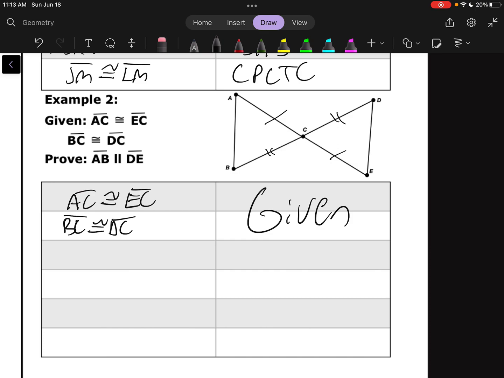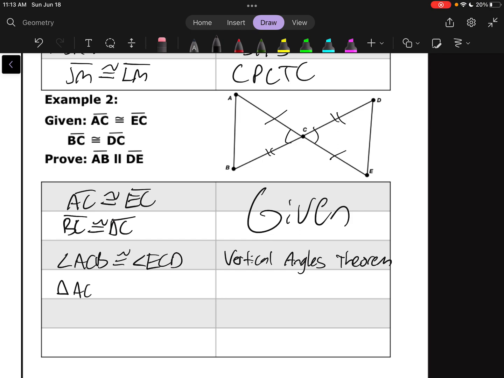We need a third congruent thing, and that's going to be the vertical angles on this one. Angle ACB congruent to angle ECD, vertical angles theorem. That's our three congruent things.